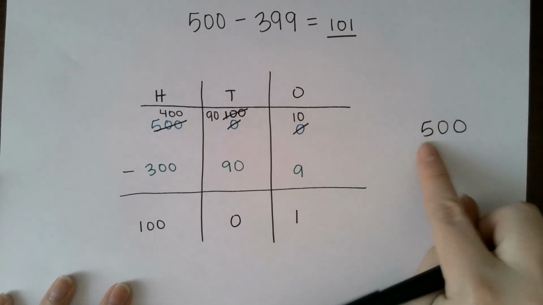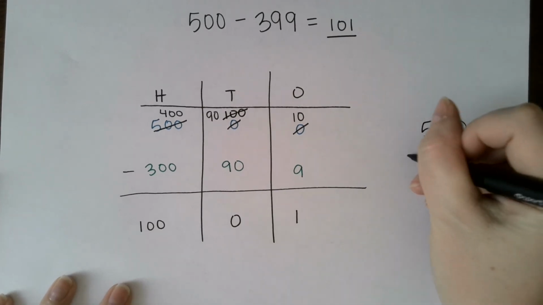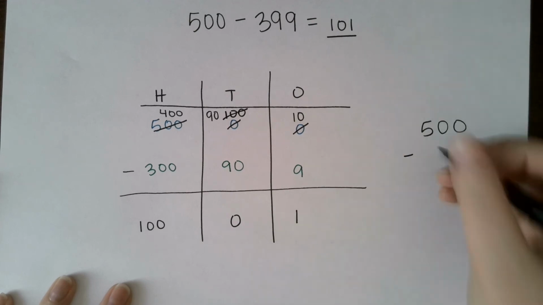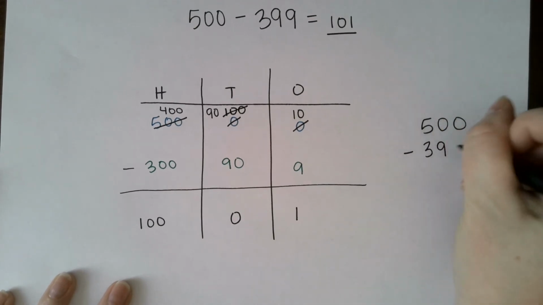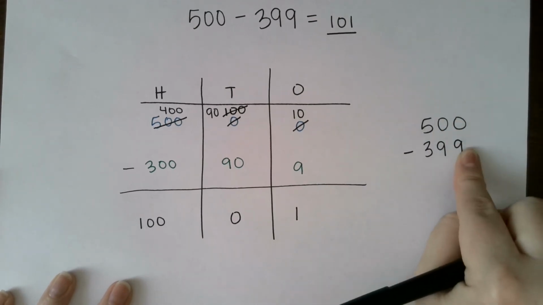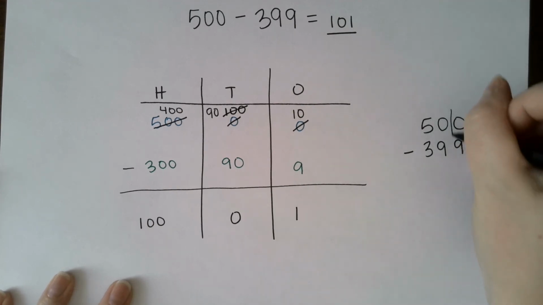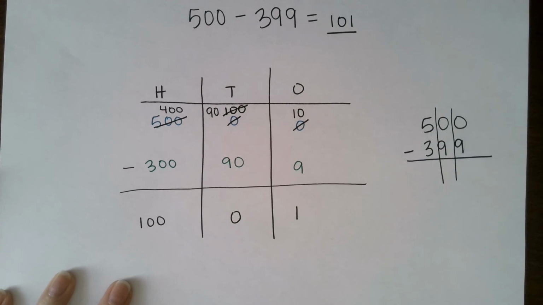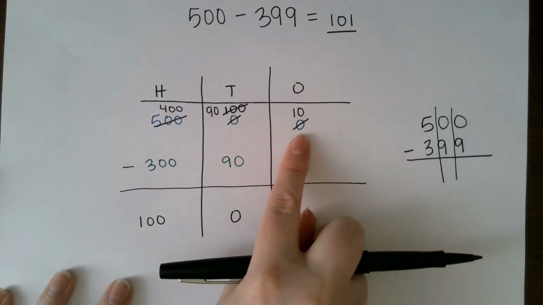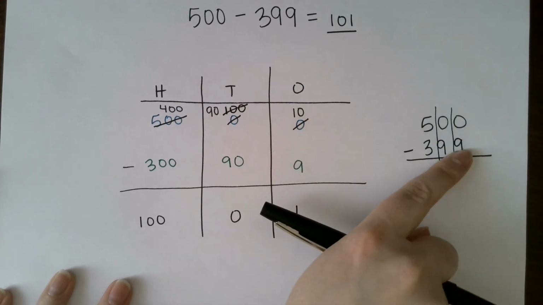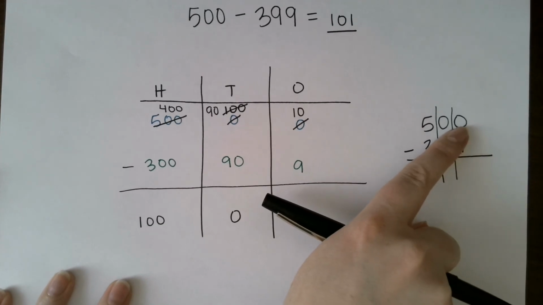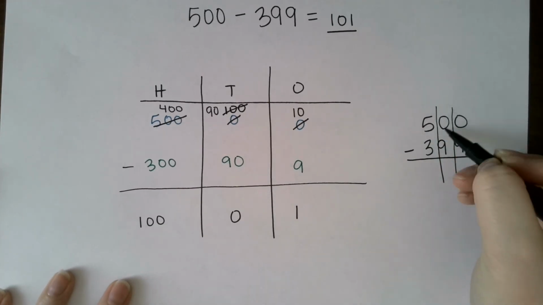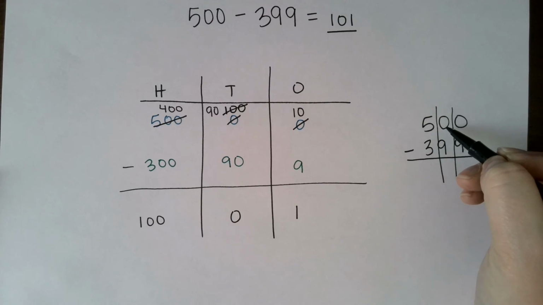Again, whenever I'm writing this, I have to write my numbers vertically stacked on top of each other, and I make sure that my ones place are lined up with each other. So just like we did over here, we know that we can't take away 9 from 0. So we are going to go over to the tens place.